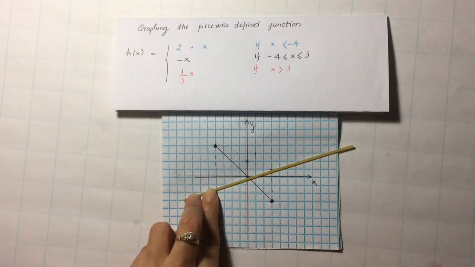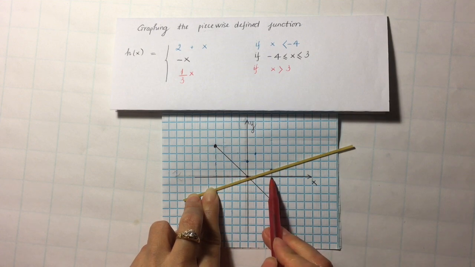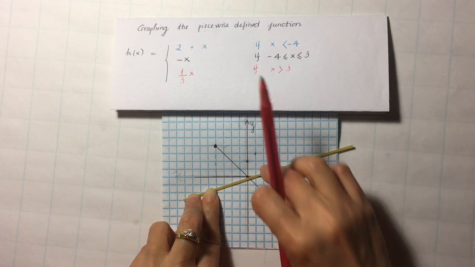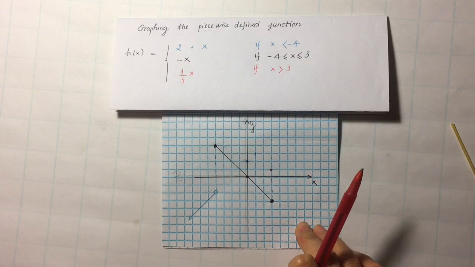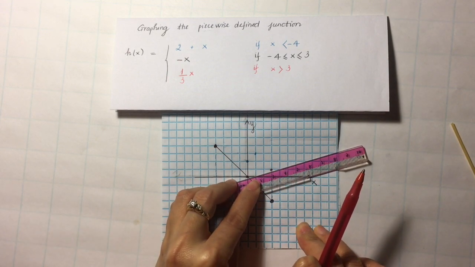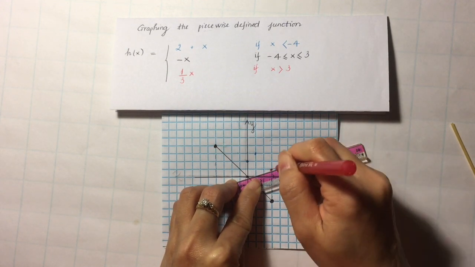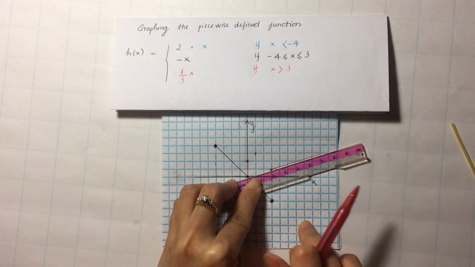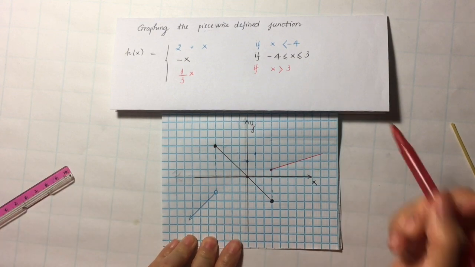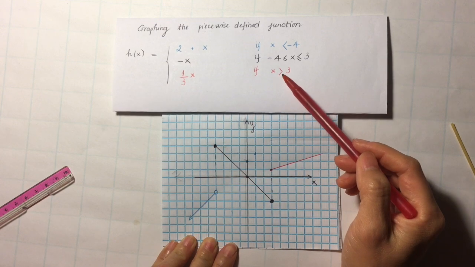Remember, we only take the part from this region, the right side of x equals 3. It's going to be like this. Since x is greater than 3, we do not count the number 3.